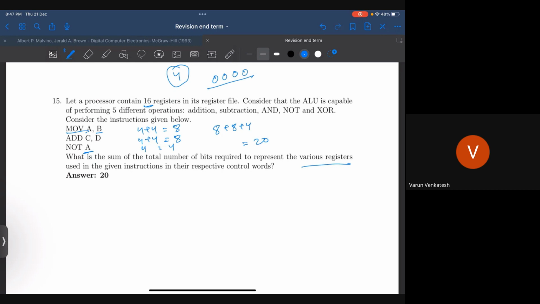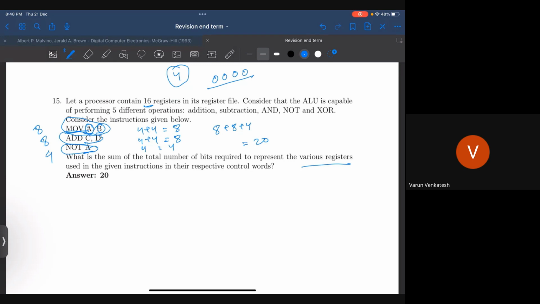Move AB: here 2 registers are required, so 8 bits. Add CD, here 8 bits required. Not A, there is 1 register, so 4 bits are required.